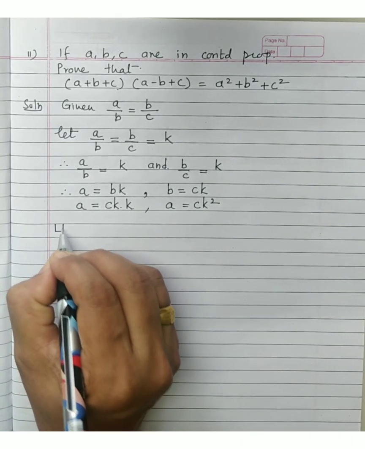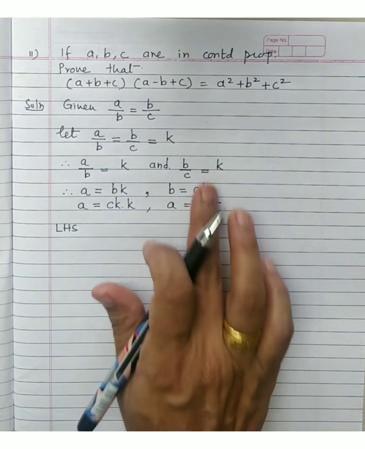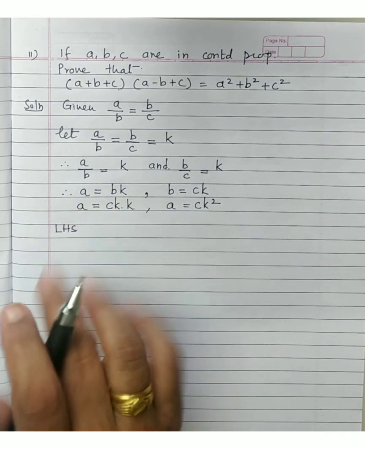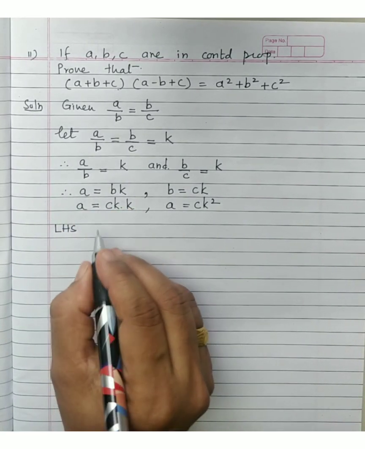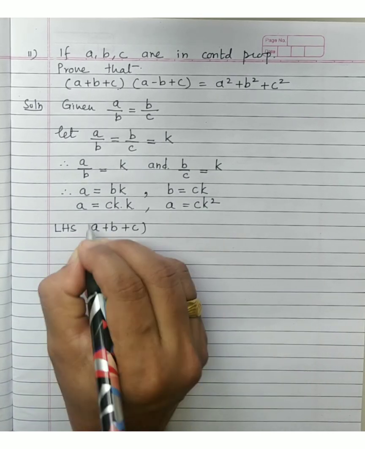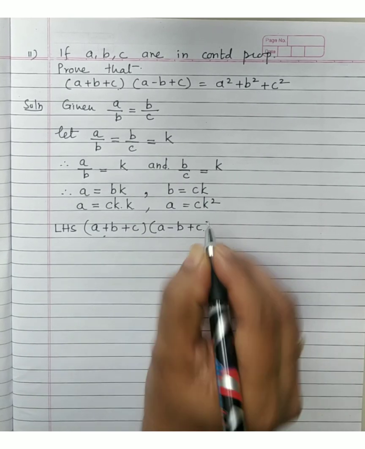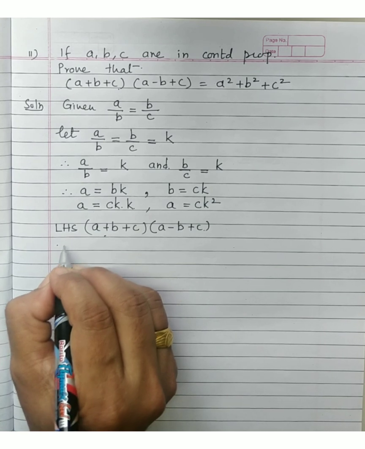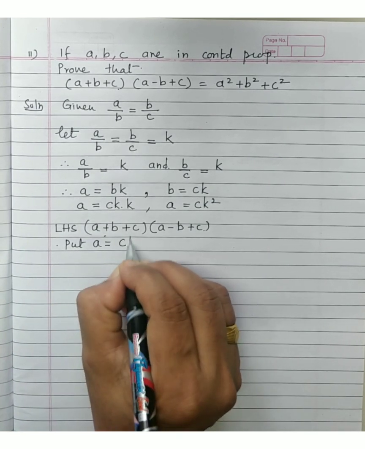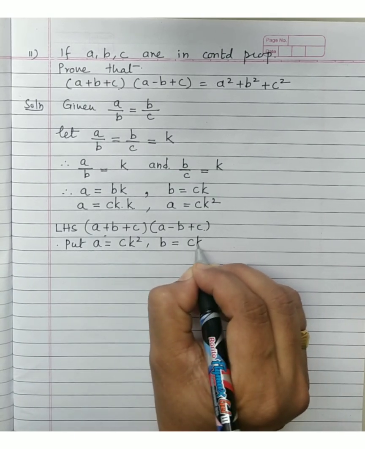Now in both sides I shall replace A and B by these values, and I'll see that both sides are equal. So first, side by side, I'll start with the left hand side. Left hand side is what? (A plus B plus C) bracket (A minus B plus C). So I am going to put here A is equal to CK square and B is equal to CK.